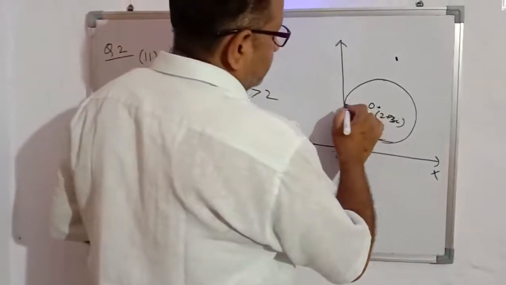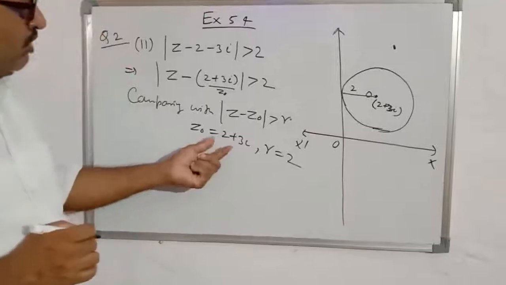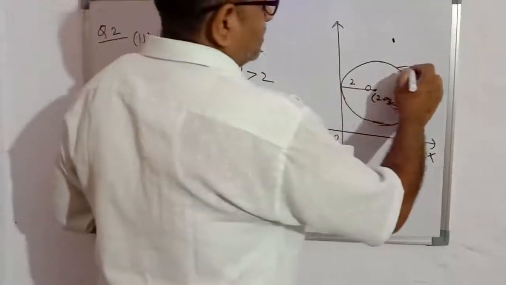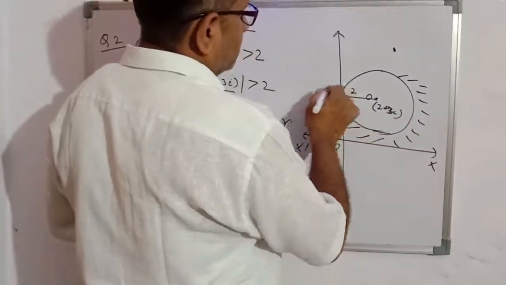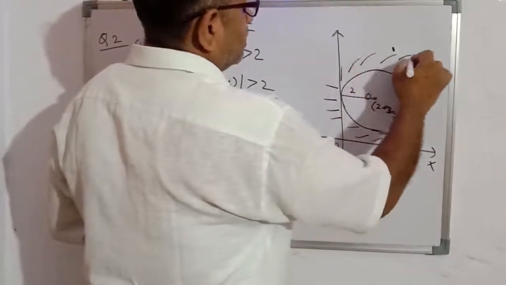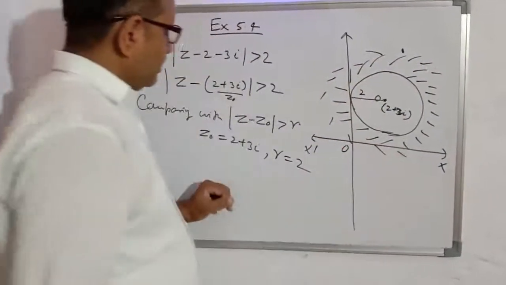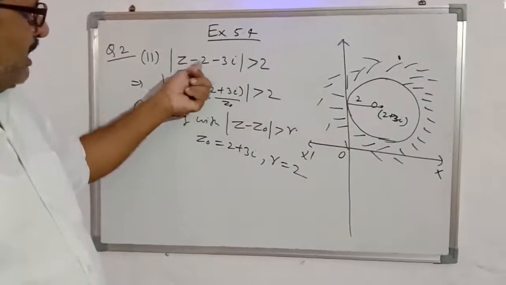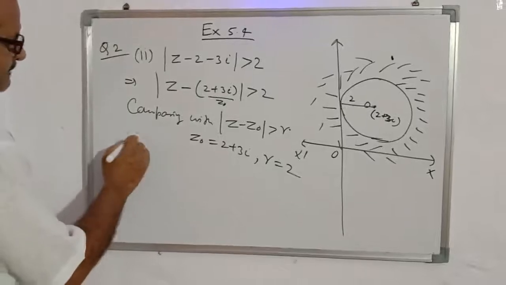Radius is 2 units. All the points lying outside the circle. So outside the circle means this region. This shaded region is represented by |Z − 2 − 3i| greater than 2. So what can we write here?